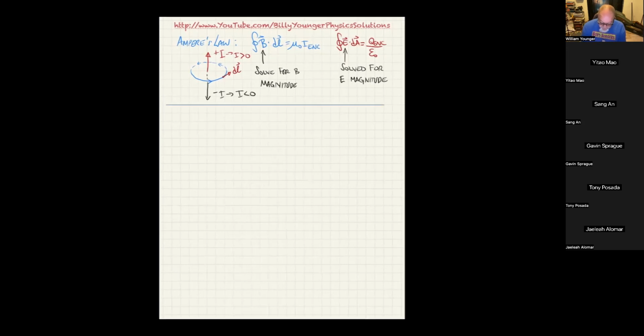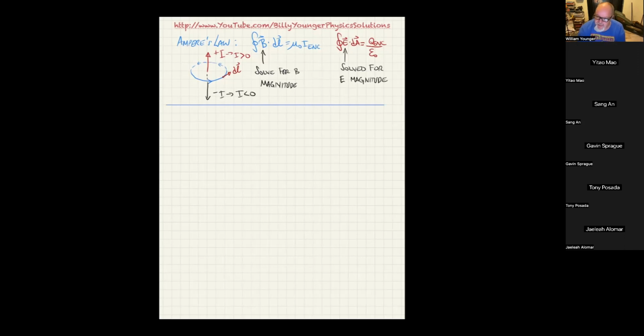And the easiest example is an infinitely long wire, just like the easiest example of using Coulomb's law was an infinite charge distribution along an infinitely long line. And now we can do the same thing with this, but it's a current that's along an infinitely long line. So what I'm going to do is imagine a coordinate system.